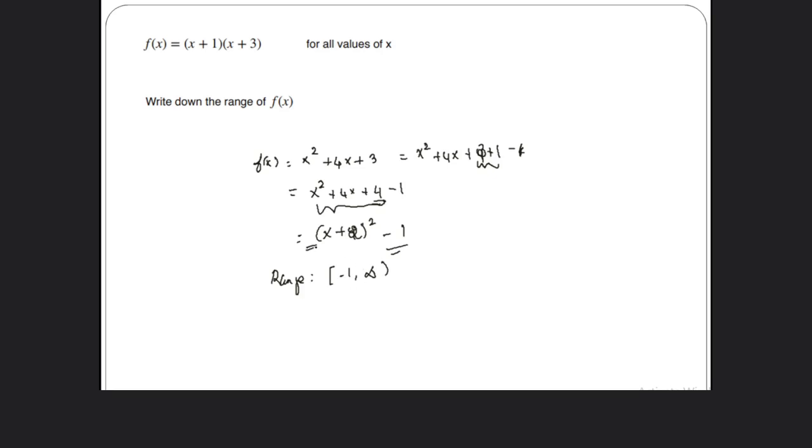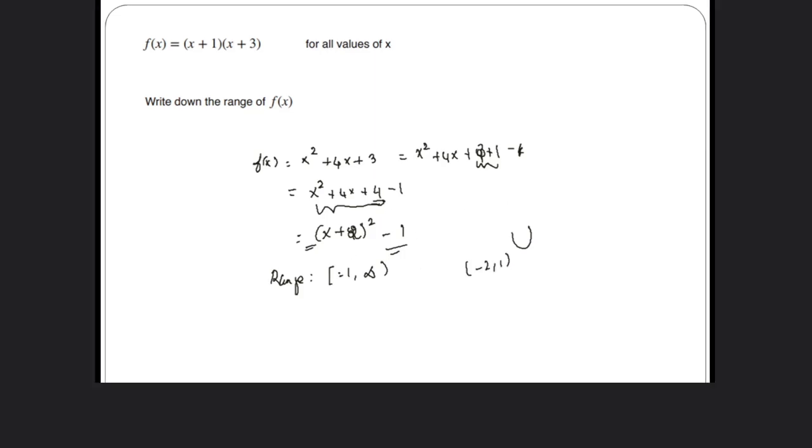How is it minus 1 comma infinity? It is a positive sign. A positive sign means an upward parabola. The vertex here is minus 2 comma minus 1. Wait a minute, let's write clearly.